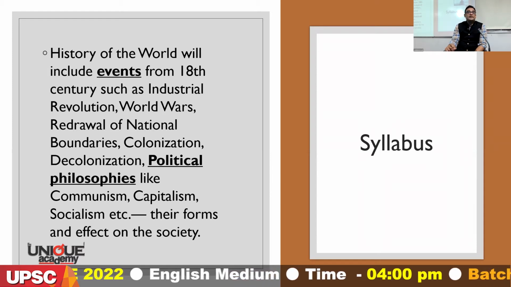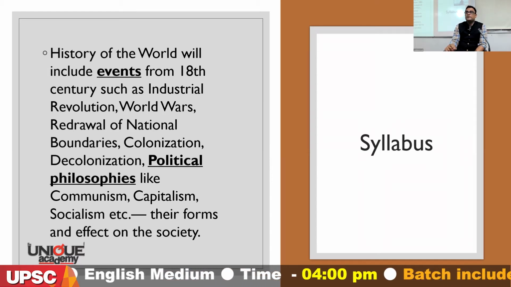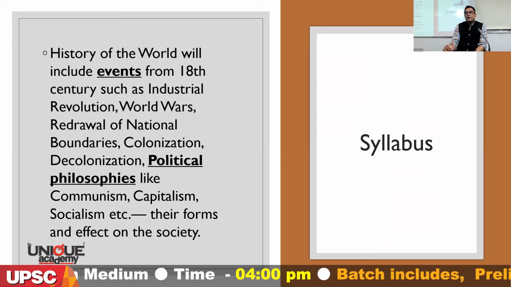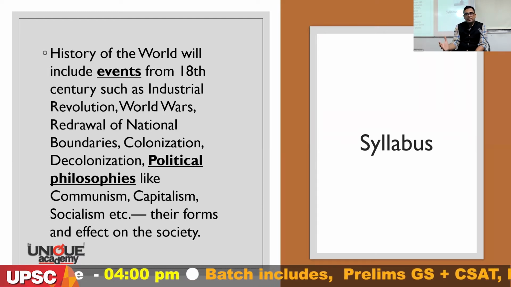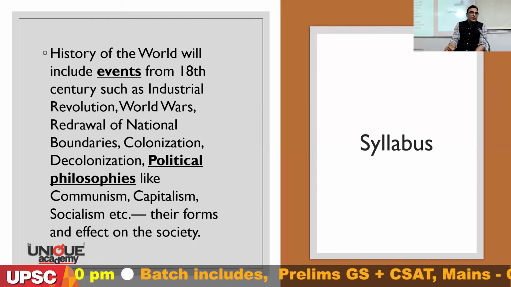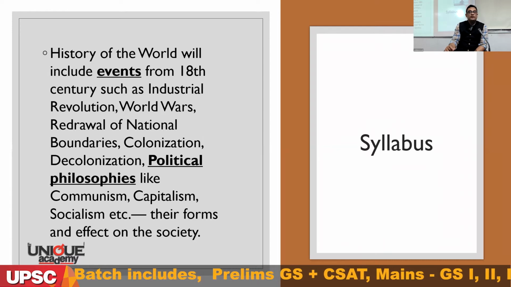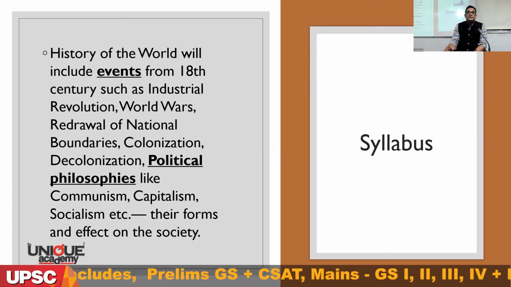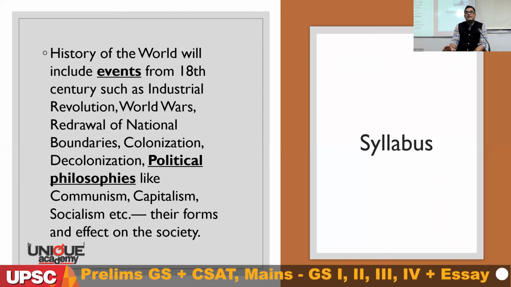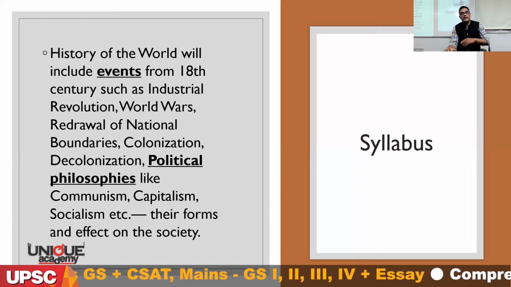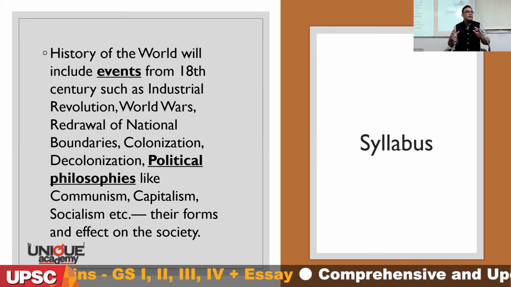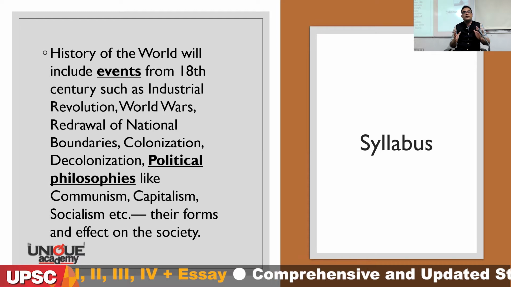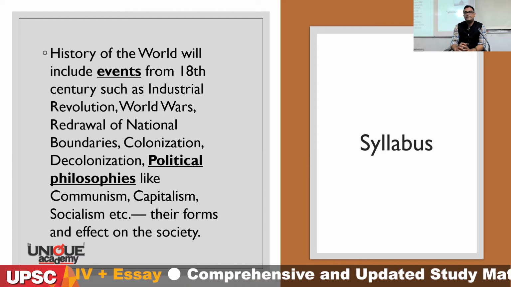Also, we will be understanding the different philosophies that have come to shape our world today. And here, UPSC itself has been very explicit about it. It expects you to understand the philosophies of capitalism, socialism, communism, its different forms, and so on. So events and philosophies, okay, broadly speaking, these can be the two pillars on which the syllabus actually stands.